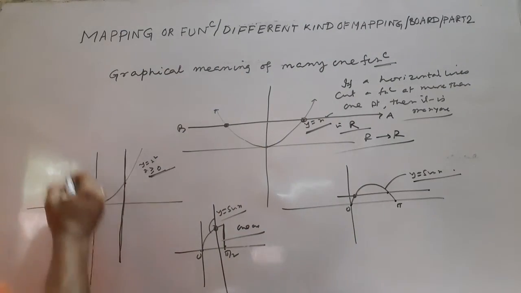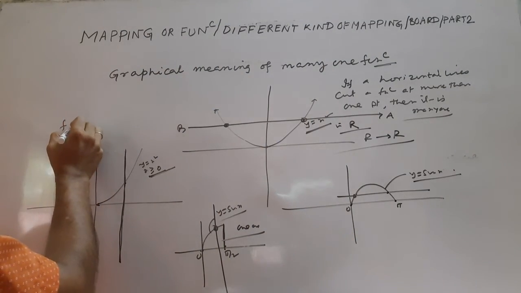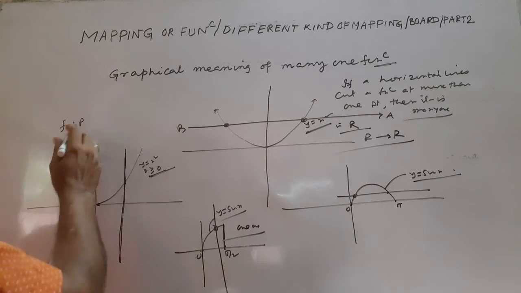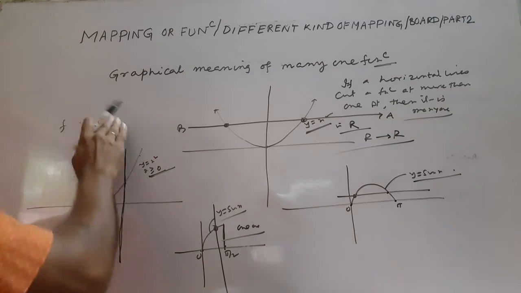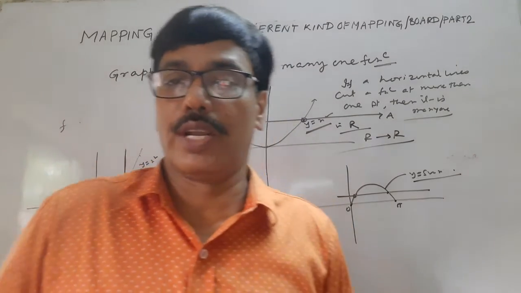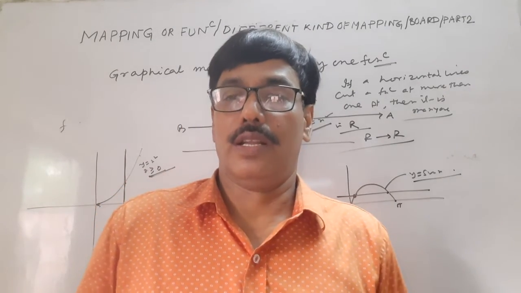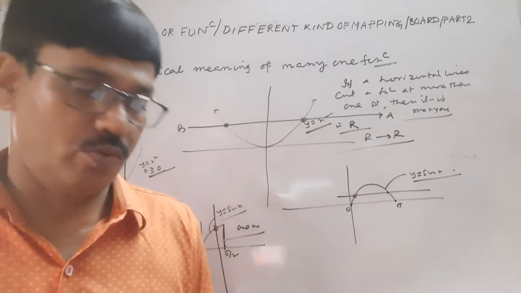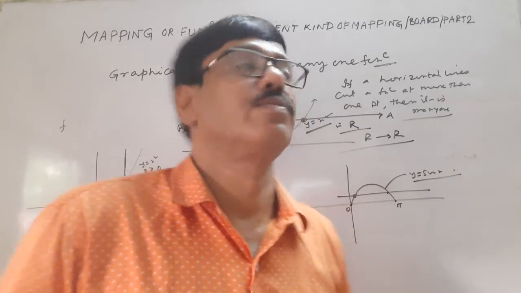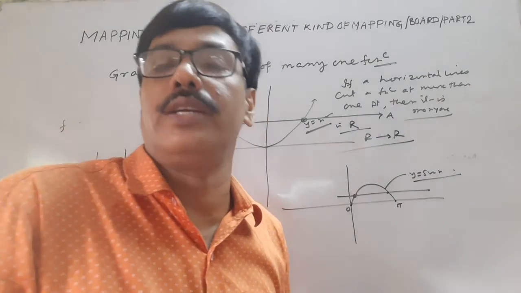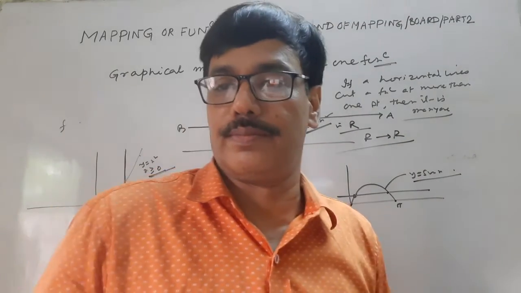But if it is 0 to infinity, then it is not many one. So that is why we can say every many one function can be thought of as a sum of 1, 1 functions. So if a horizontal line cuts it at more than 1 point, it is many one.